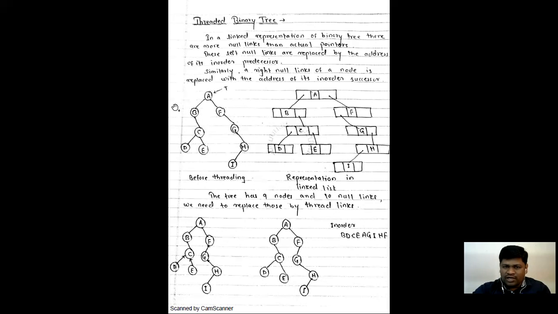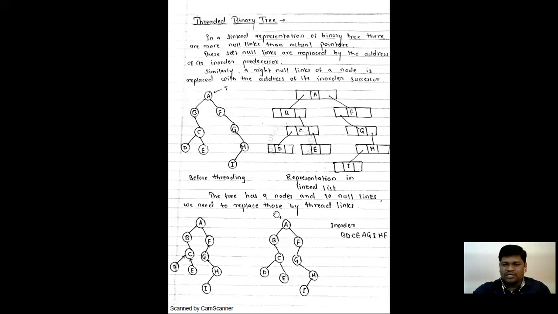So at the left side there are 5. Now come here. For F, 1, that makes 6. Then 7, 8, 9, and 10. So the tree has 9 nodes and 10 null links.